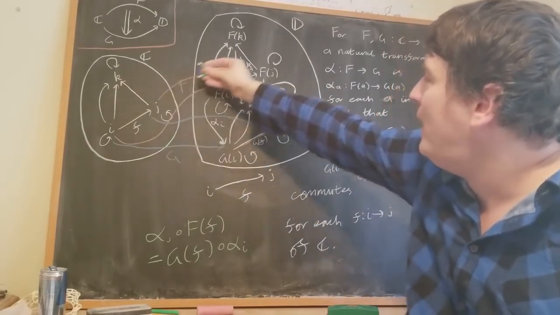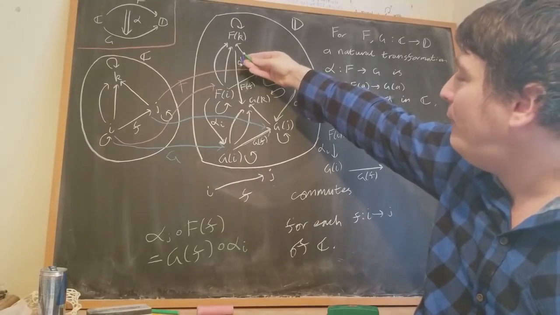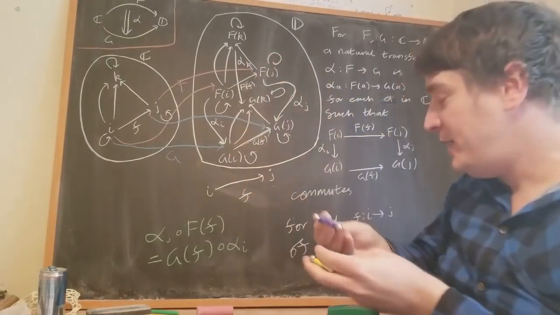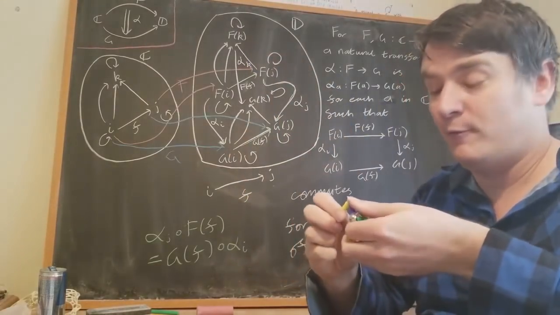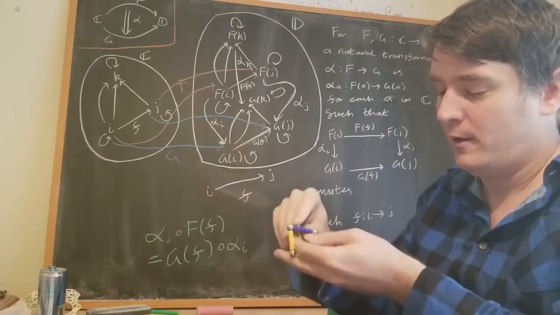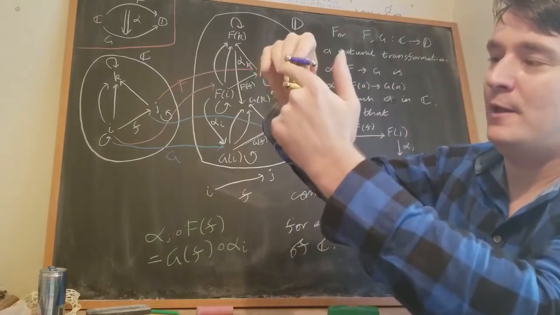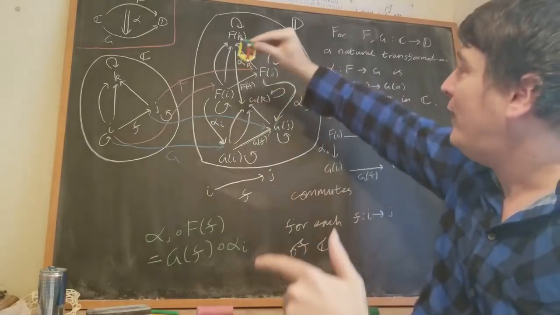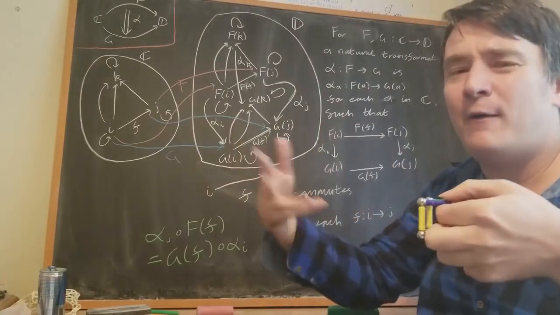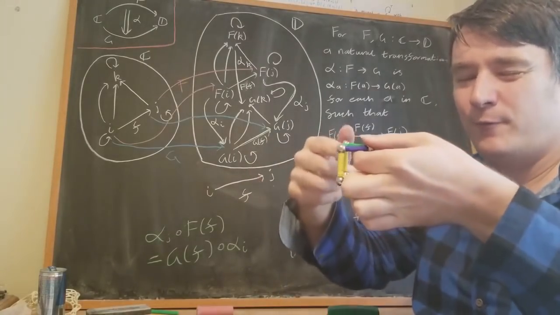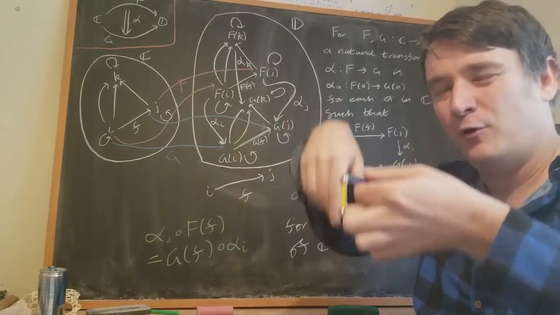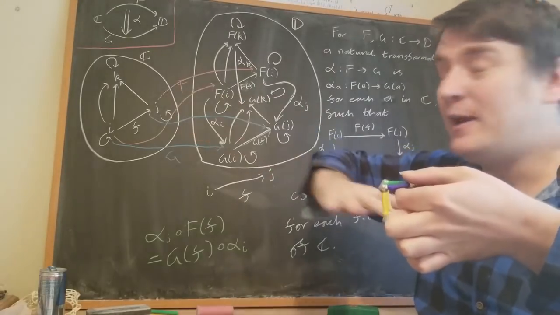Well, we send this structure to something under F, and we send it to something under G, and then the natural transformation is going to be a family of arrows from where stuff gets sent under F to where stuff gets sent under G. And in some very fuzzy sense, we're thinking of these arrows as being orthogonal to where the categories are getting embedded, okay?